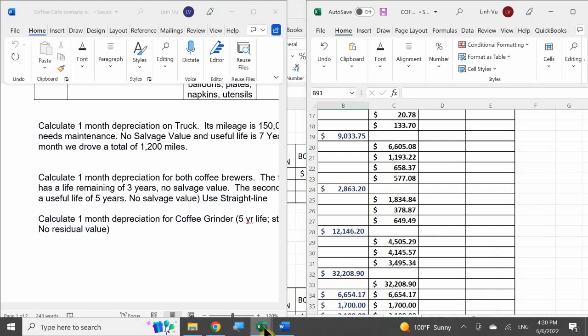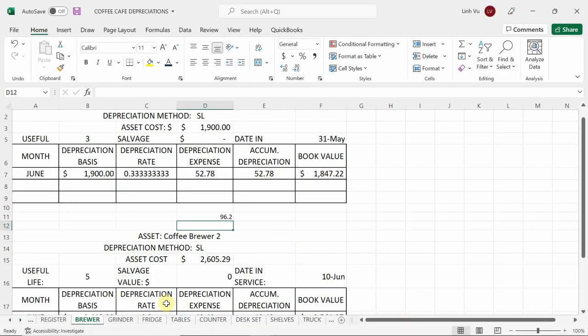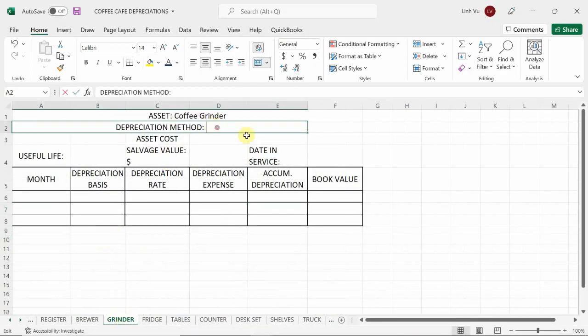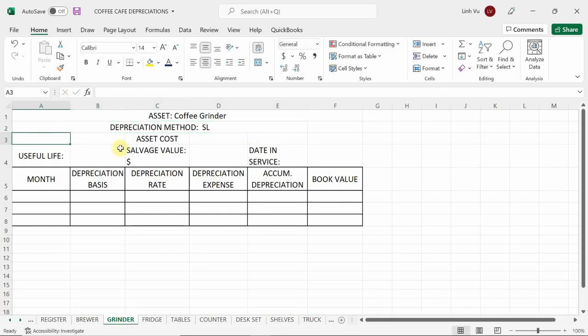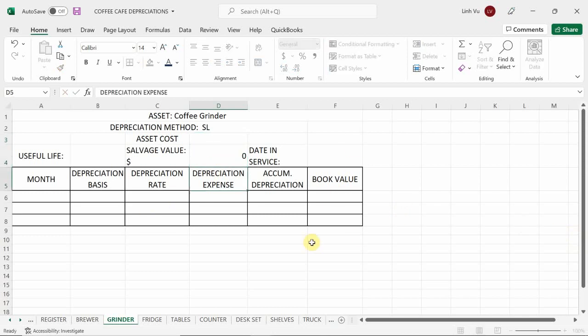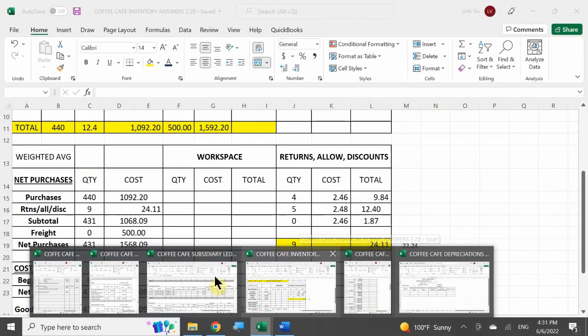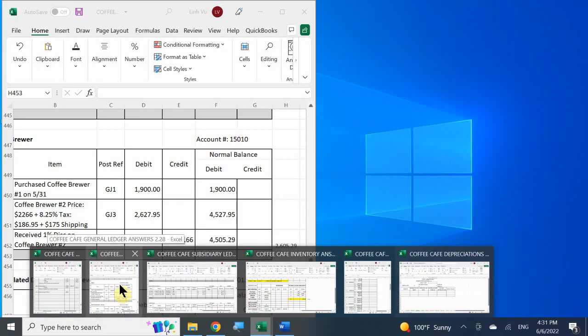All right, going back to my depreciation expense tables, we're going to go to the coffee grinder. We know for sure we're going to be using straight line. We have the asset cost, which we need to figure out. We know for a fact there's no salvage value, and it has an estimated useful life of 5. So let's determine what my asset cost is for that coffee grinder.